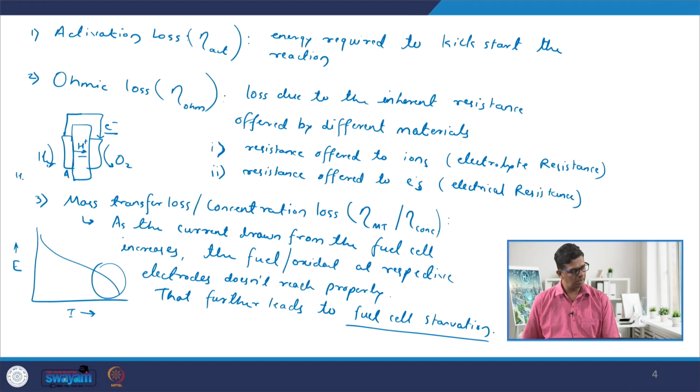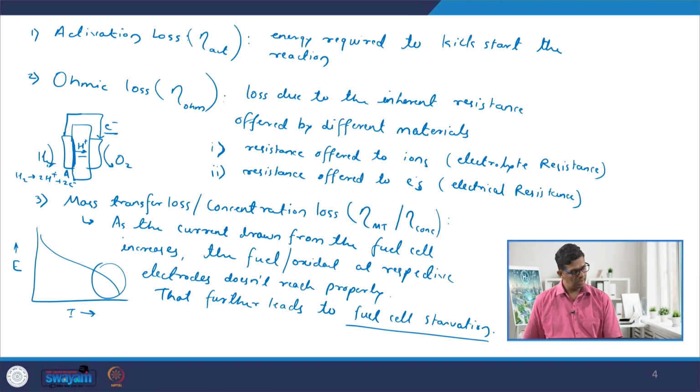So, when I write H2 gives 2H plus and 2 moles of electrons, these protons quickly get into the electrolyte and the electrons move through the external circuit. So, there is nothing left, or rather very low concentration of protons left at the interface of anode and electrolyte.